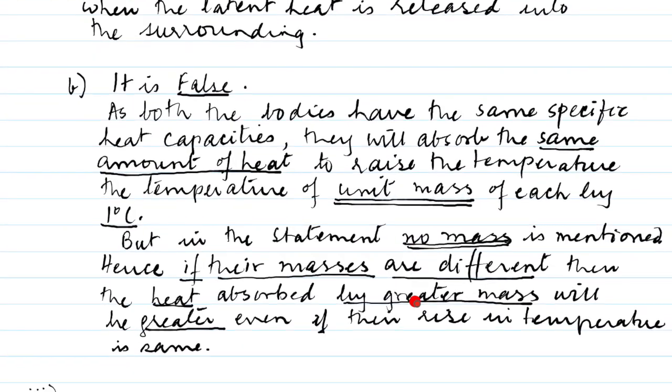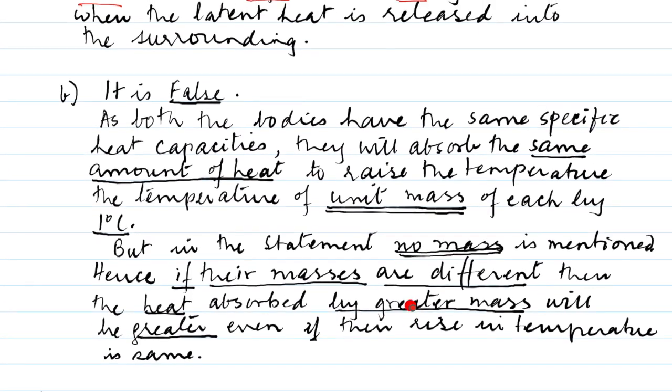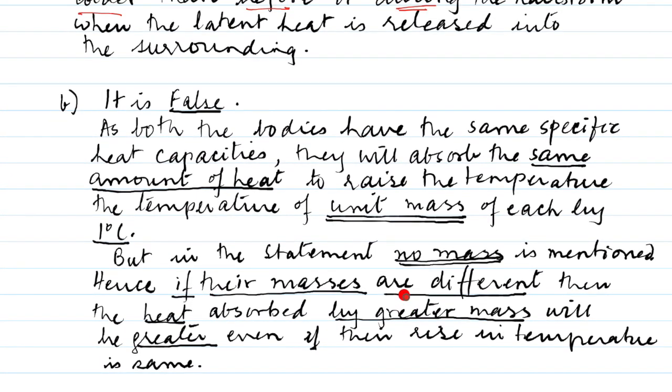And the third part, whether you had to say the statement is false or true, that would be for 1 mark. Now I have written that it is false, and let us see the reason. The two bodies have the same specific heat capacities, like how I told you, C1 is equal to C2. So they will absorb the same amount of heat to raise the temperature.